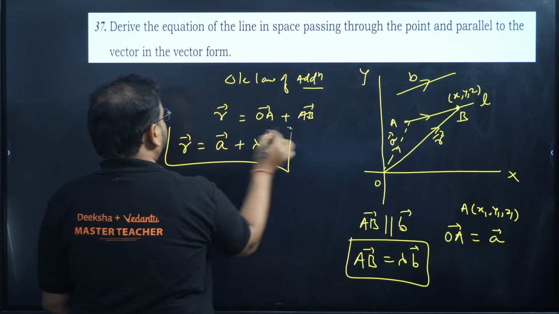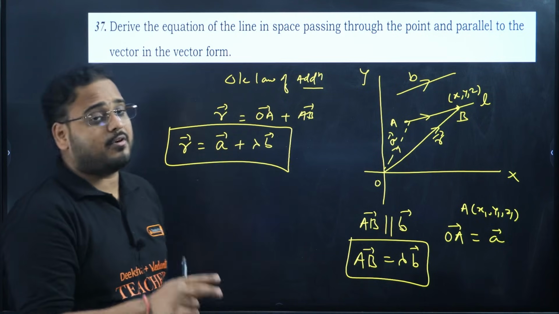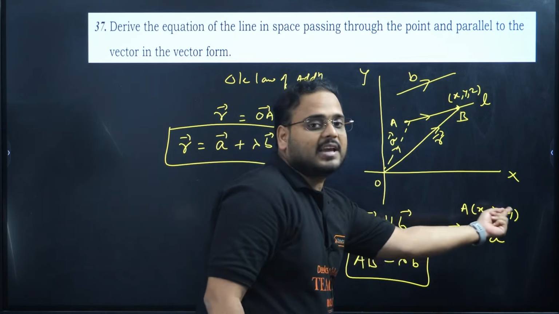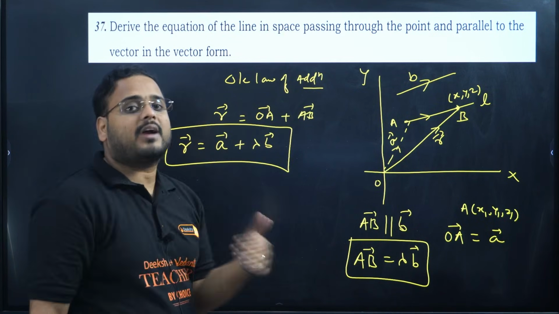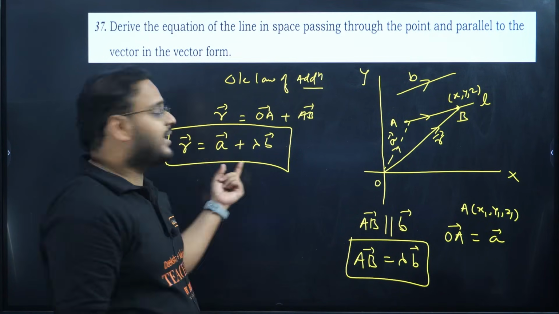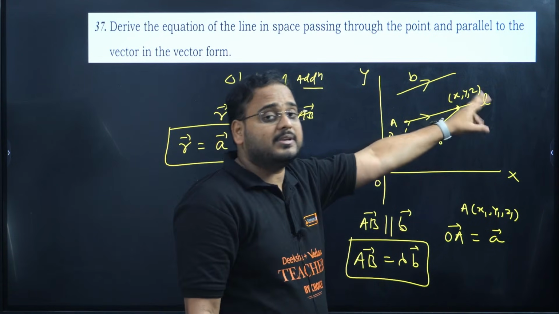This is your answer for another 3-mark question in the vector form, not in the Cartesian form. If they ask you about a Cartesian form, then you'll write A as x1 i cap, y1 j cap, and z1 k cap. I'll write R as x i cap, y j cap, and z k cap.